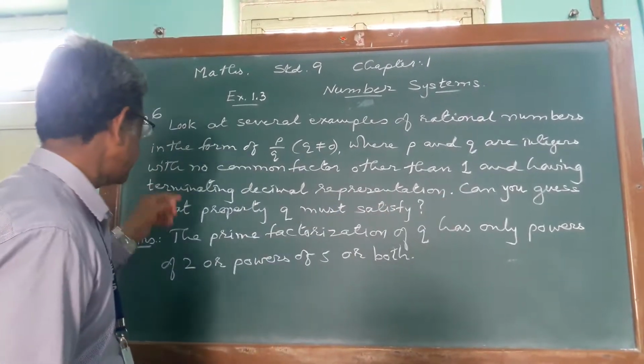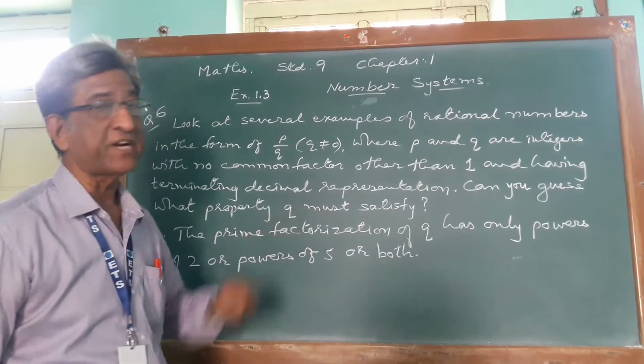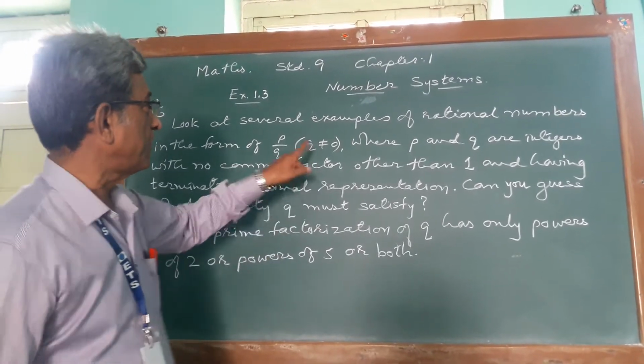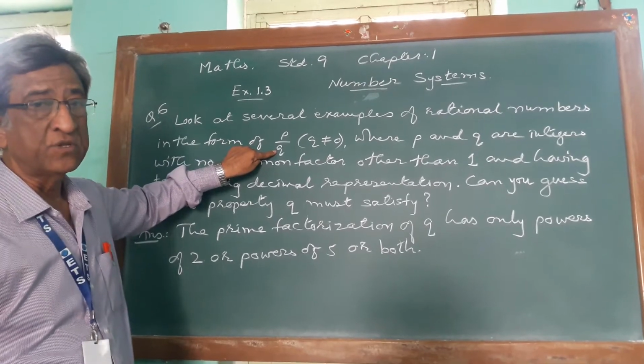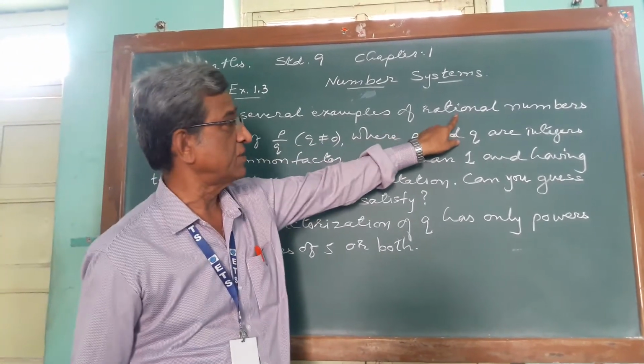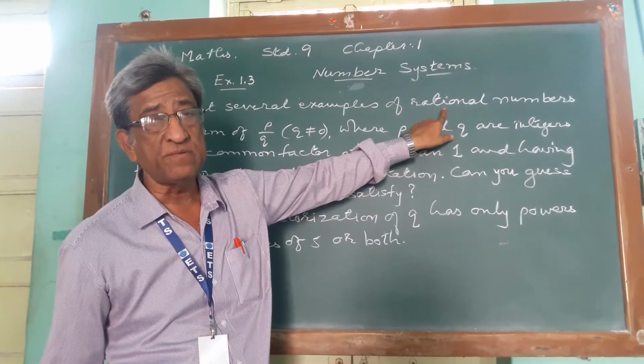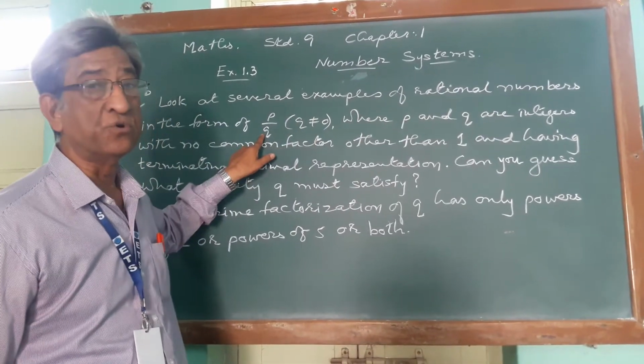Can you guess what property Q must satisfy? So for such a rational number, what must be the property of Q?